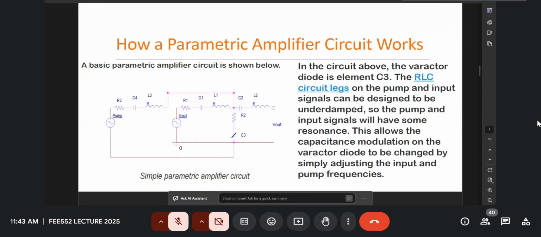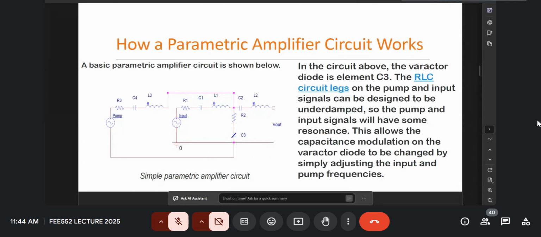And then we have this L2 and C2 as a band pass to take the frequencies that are specifically required at the output. So we use the varactor to make use of the capacitive reactance.